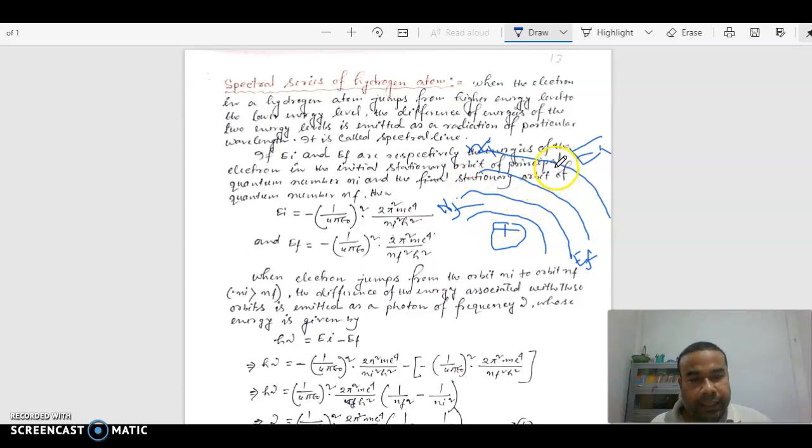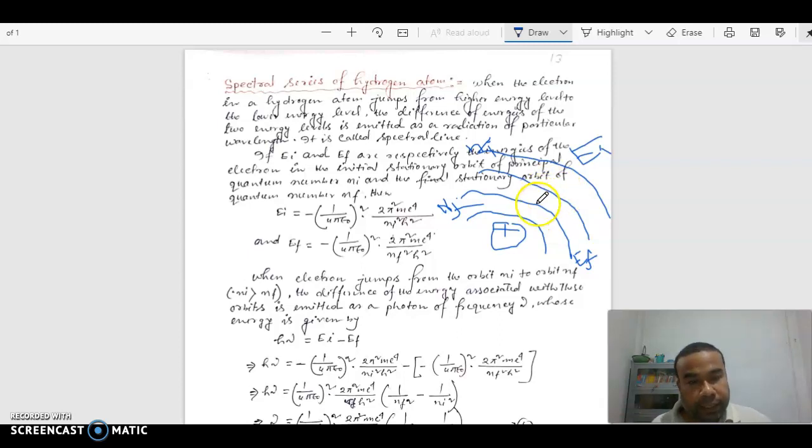Say energy is radiated, then the electron jumps from a higher energy level of energy Ei and principal quantum number Ni to a lower energy level of energy Ef and principal quantum number Nf. The difference of energy is Ei minus Ef, and that amount of energy is emitted.